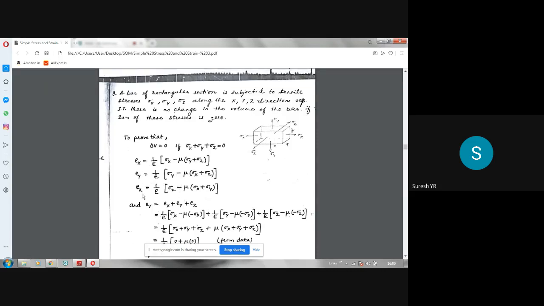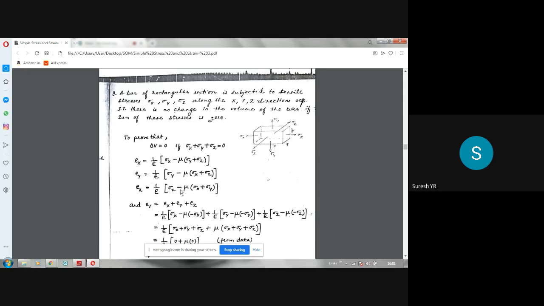Ex, Ey, Ez. So since all are tensile, I have told you that in x direction, due to sigma x it is tension, due to sigma y and sigma z it will be compression in x direction. Even though they are tension in y and z direction, their effect in the other two directions will be compression. So that is why I have taken minus. And then volumetric strain is EV, Ex plus Ey plus Ez.